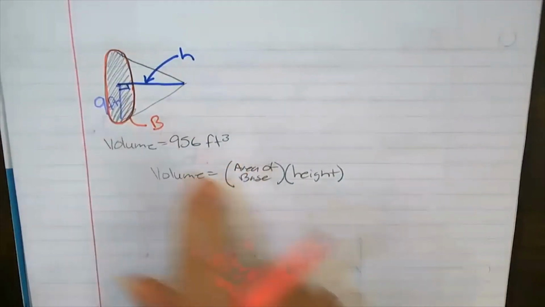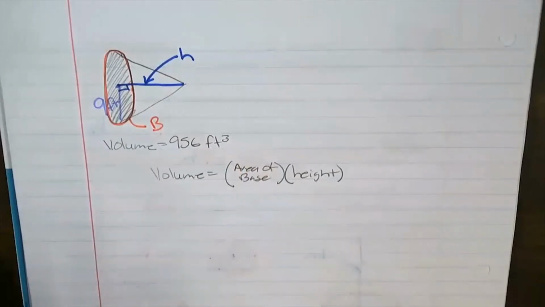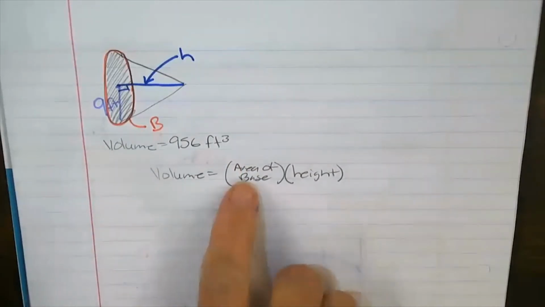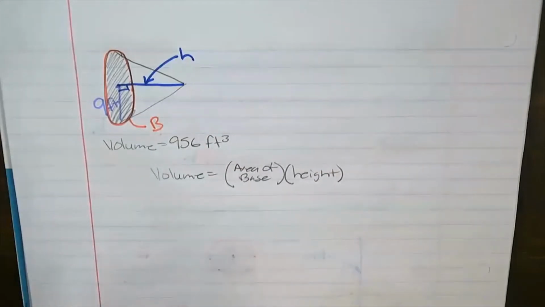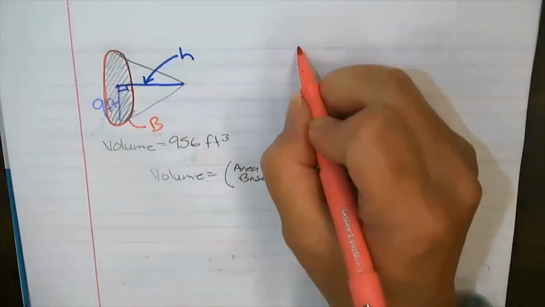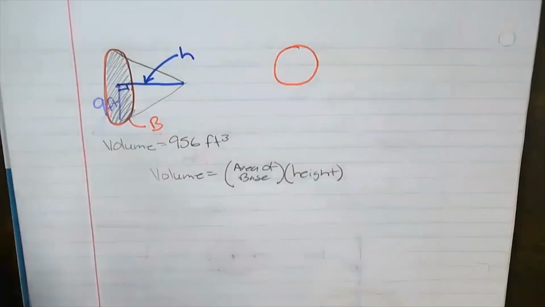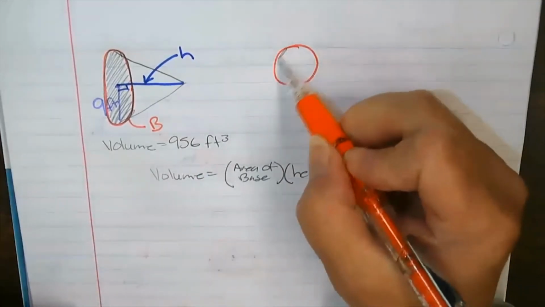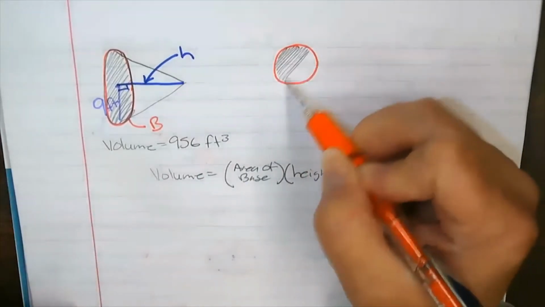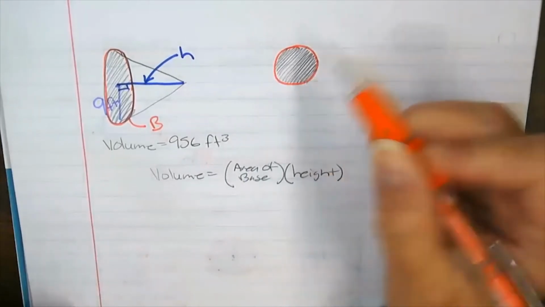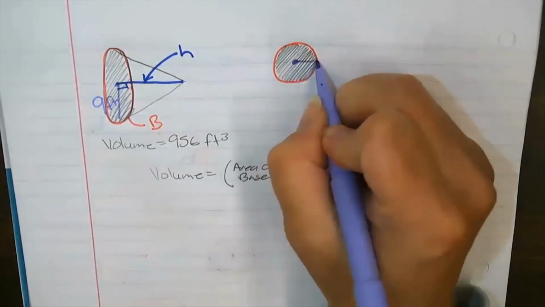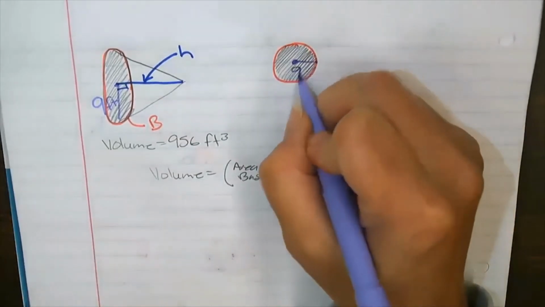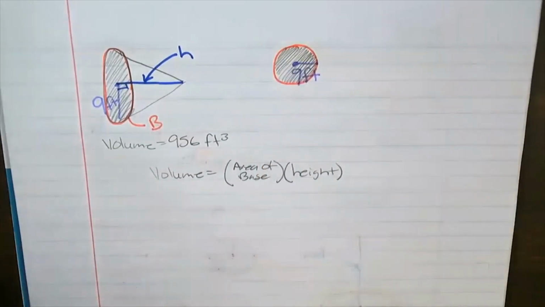And then we can use the volume and the area of the base to find the height. So the first thing I need to do is find the area of my base. So here's my base, and it's very kind of them to give us the radius, that the radius is 9 feet.